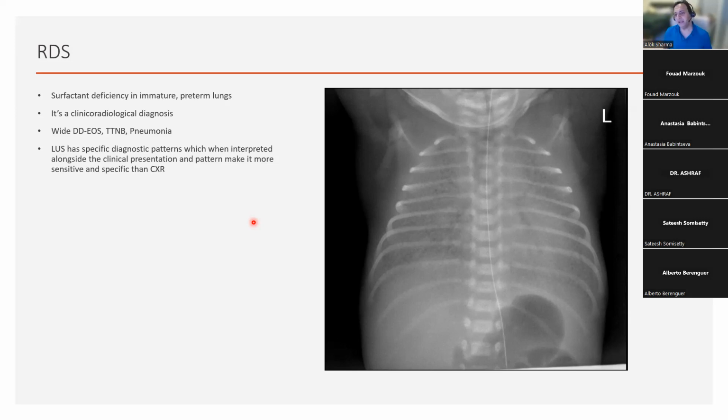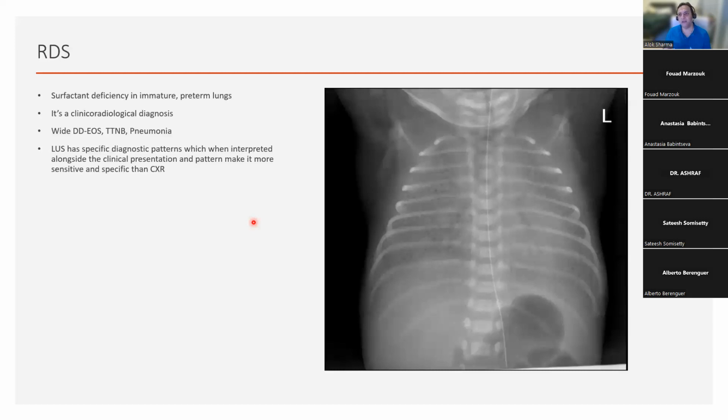And we tend to get overlaps in this spectrum, both on chest X-ray but also on lung ultrasound, which can make differentiation quite difficult. That's why what is really important again is that you clinically correlate and you take your decisions based on the clinical presentation of the baby and its clinical course, as opposed to saying, I'm going to do a lung ultrasound at one point of time at 1 hour, and that will definitively tell me that this is RDS versus TTN.